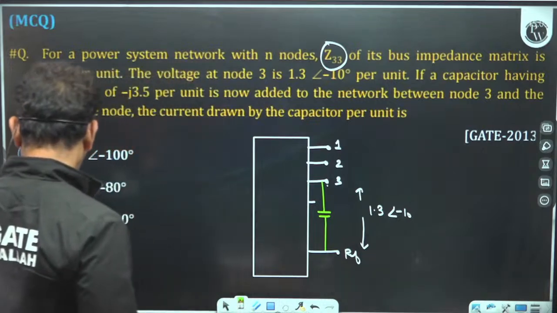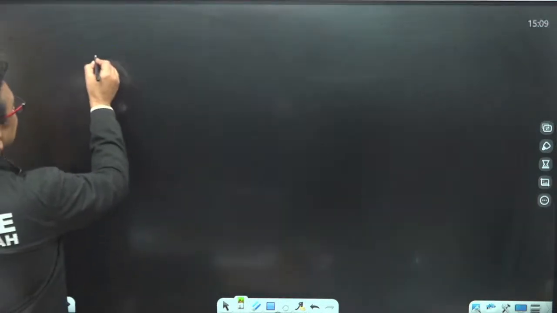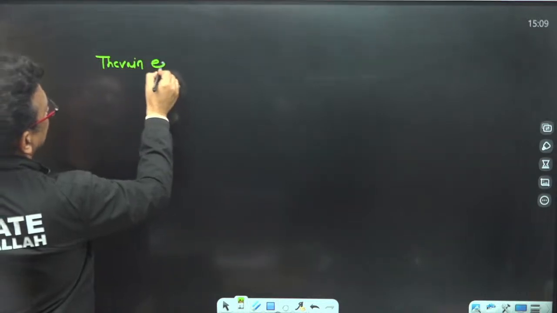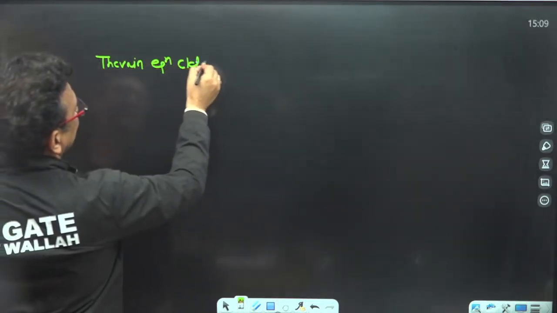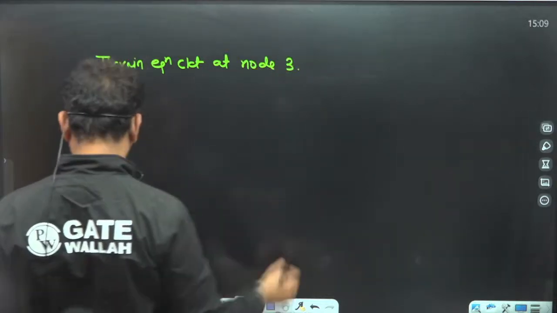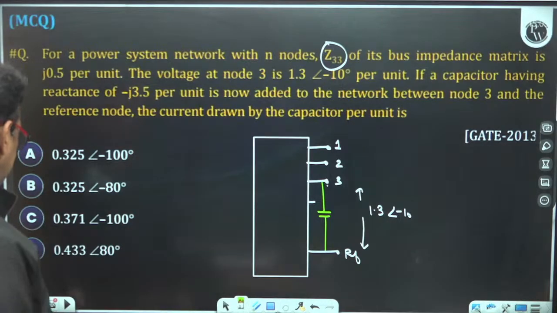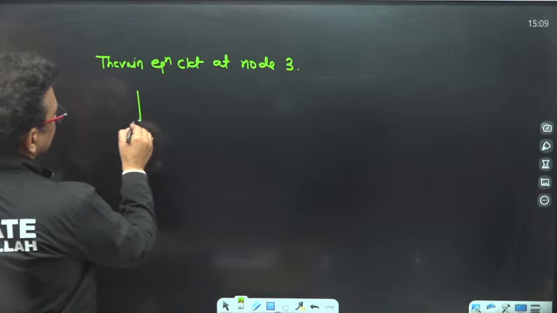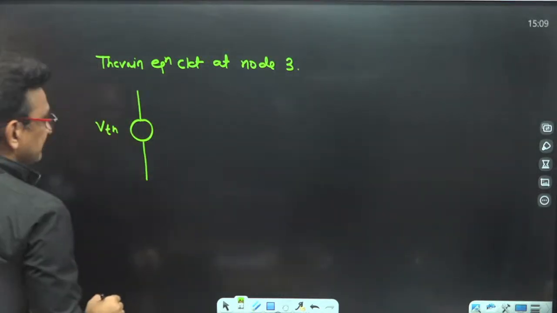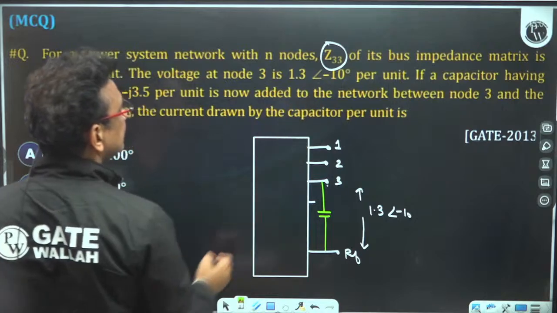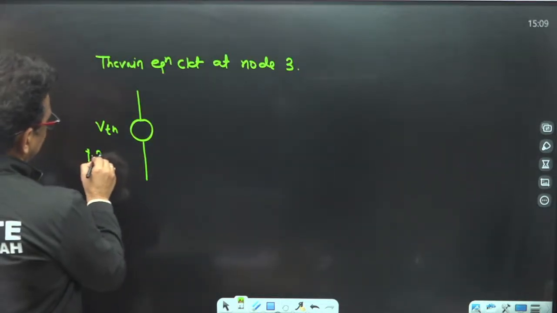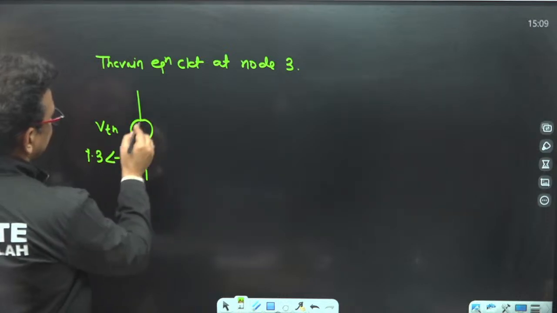So if I convert this to the Thevenin equivalent circuit at node number 3, this is my VTH, and the node number 3 voltage is already given, which is 1.3 angle of minus 10 degrees.